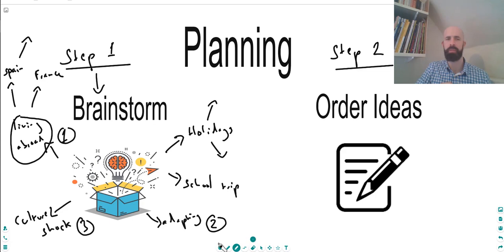One side of the brain being more creative, more associative, and another side being more rational, kind of more logical. So that's how I advocate planning. I think it's a really good way to do your plan. And you can do your plan very quickly. I just did a little plan on the fly there that only took a couple of minutes. You can do a solid plan in 5 minutes, no problem at all.